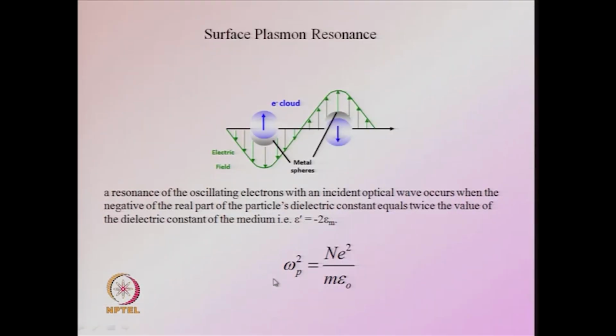Now, this plasmon frequency can be related by this equation to the dielectric constant, and the other things are of course related to some specific constants like the charge of the electron and the mass of the electron, etc. So, when do you get this condition of resonance of the oscillating electrons with the optical wave?